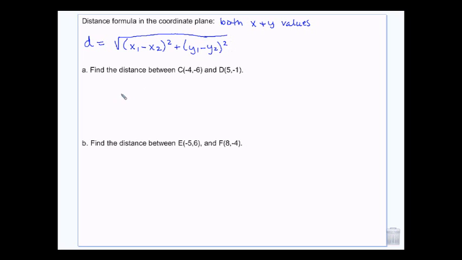This is how we find the distance. If I have 2 points like here and here, I can find the distance between those using this formula. It's x1 minus x2 squared plus y1 minus y2 squared, and then you take the square root of the whole thing.